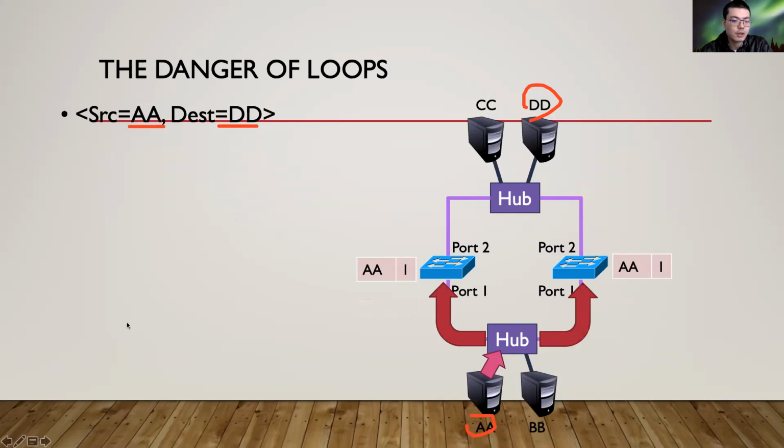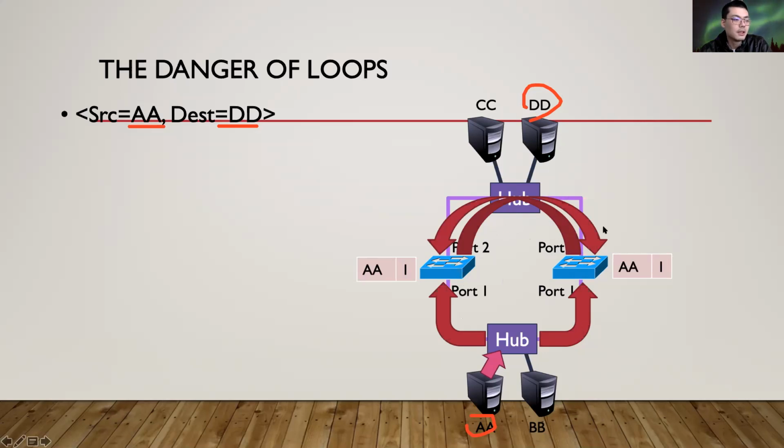The bridge will forward to port 2. Actually, it will broadcast to port 2, because it has no information about DD. Once it puts the frame on this wire, the hub acts like a shared medium, so it reaches the other bridge, and similarly it reaches DD. Even though DD successfully received your packet, if DD never sends anything in response, these devices will not know that DD received it.